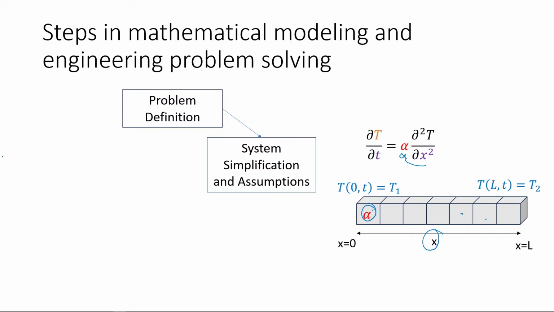I could neglect any heat generation within the rod. I could assume that this cross section area is constant. It's not changing. So you just need to make this assumption based on your problem definition or your modeling definition. I could ignore, for example, surface roughness or minor defects, where small surface imperfections have a minor impact on loss of convection. So I could do something like this if that is a valid assumption.